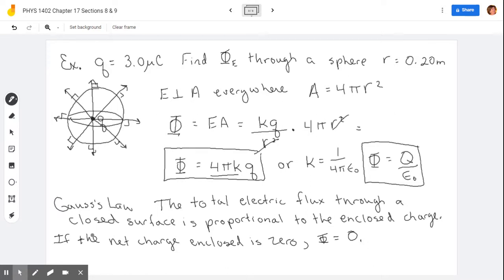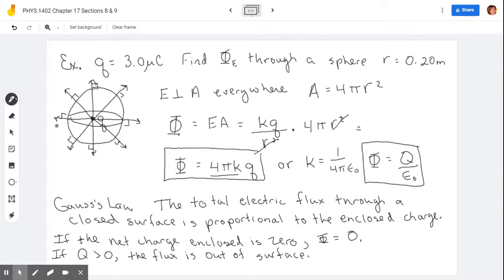I can also use it in terms of signs. Notice I did not put the absolute values here. If Q is positive, the flux is out of the surface, and that makes sense because the electric field points away, like here.